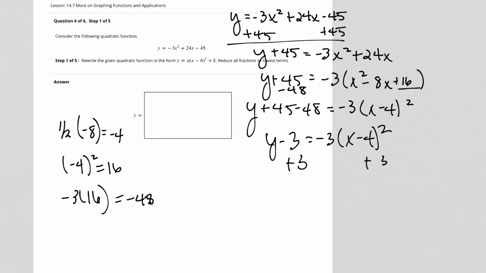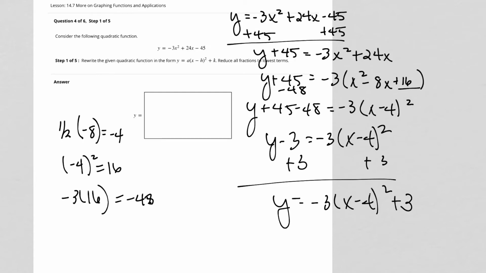So I'm going to add 3 to both sides. Y equals negative 3 times x minus 4, that quantity squared, plus 3, which is what's going to go right here in this box. Negative 3 times x minus 4, the quantity squared, plus 3.